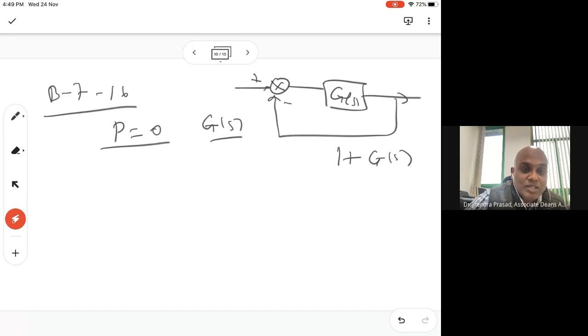Now, if the Nyquist plot of G(s) is shown in the figure 7158, is the system stable? Let us see. So the figure is like this.